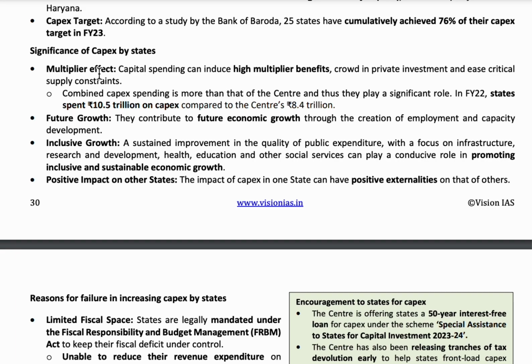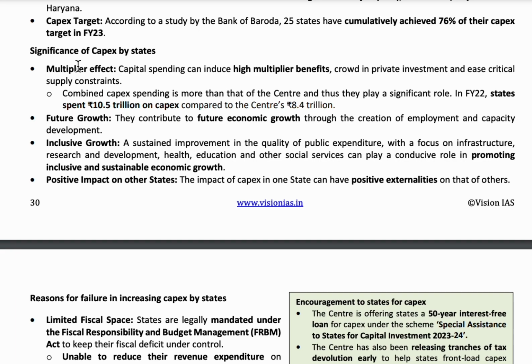Next, more capital expenditure can boost future economic growth by creating employment and capacity development. Next, it can improve infrastructure, research and development, health, education, etc., by promoting inclusive and sustainable economic growth.